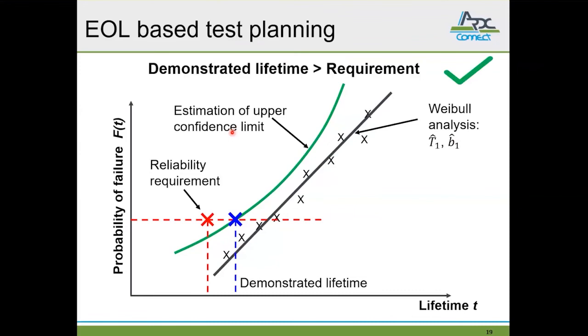So when we know our requirement, we can compare the requirement to our demonstrated lifetime, it is in the blue X right here. In this case, this would be a successful test because our demonstrated lifetime is higher than my requirement.